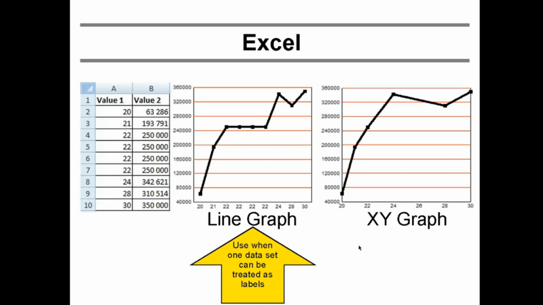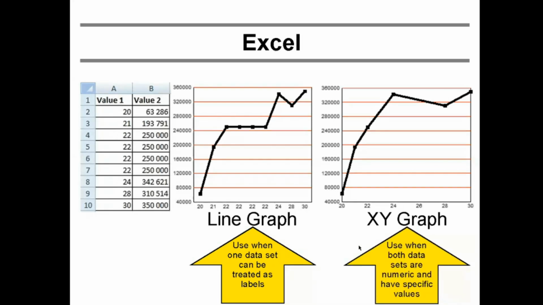Know this when you plot data. We do a lot of data plotting in hydrogeology. There's a little bit of analysis in mineralogy, not terribly much, but you need to know the differences between those two. Most of the time, I tell you right now, you want an XY graph, right? Use it when both data sets are numeric and have specific values. That's what we want to do.